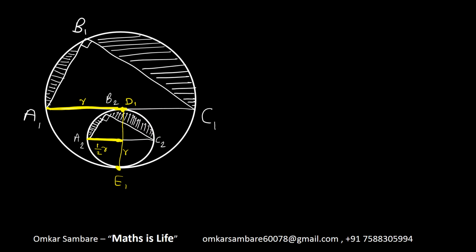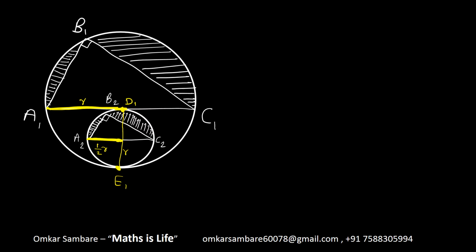The statement in the question, I think it was the last or second last statement, says that all the triangles A1, B1, C1 are similar. What does it mean? They are similar, meaning they are in proportion. All the sides are in proportion.